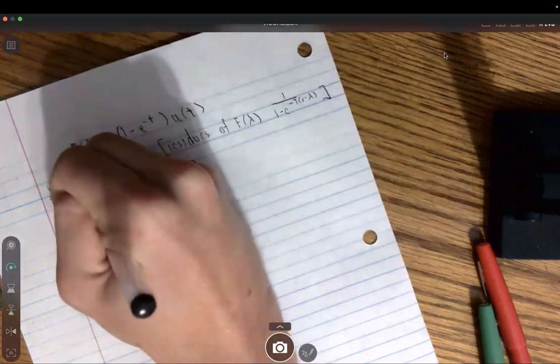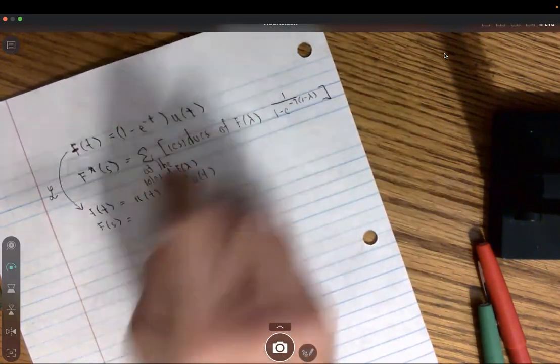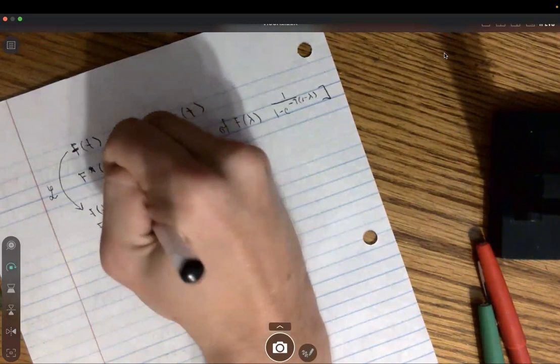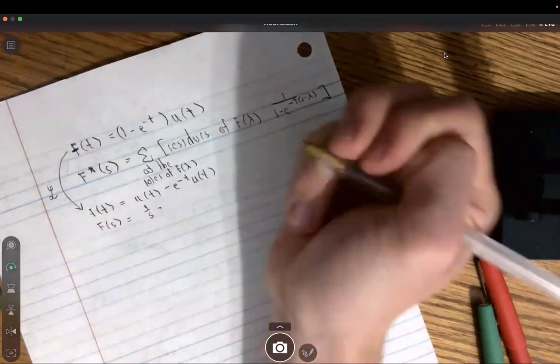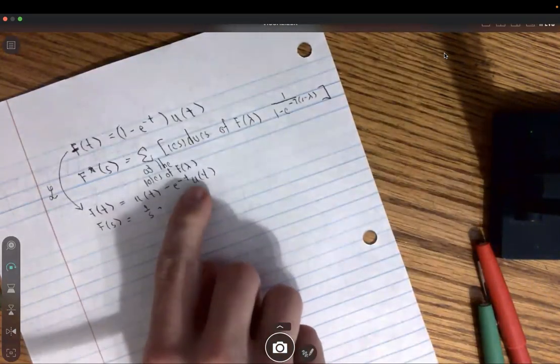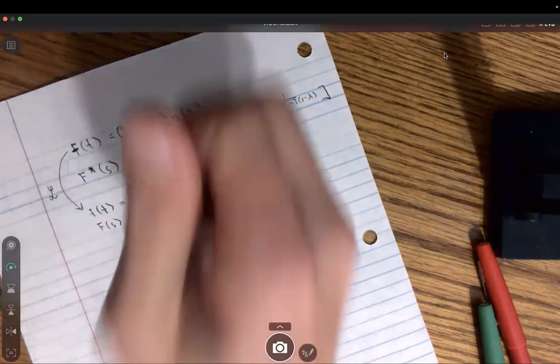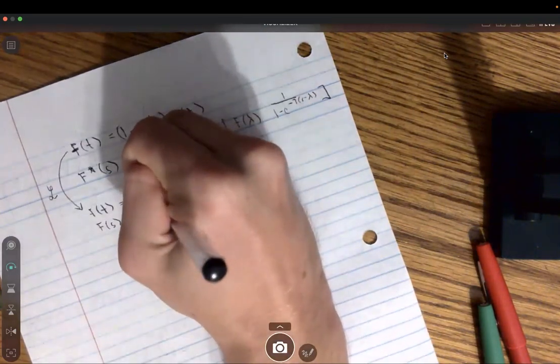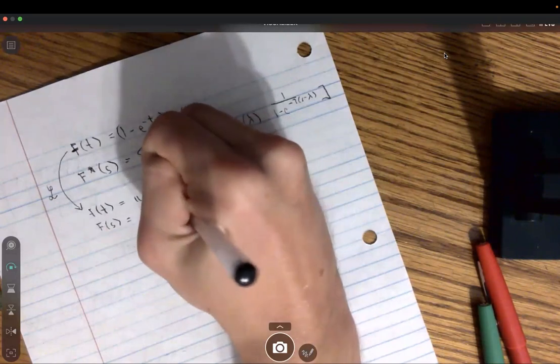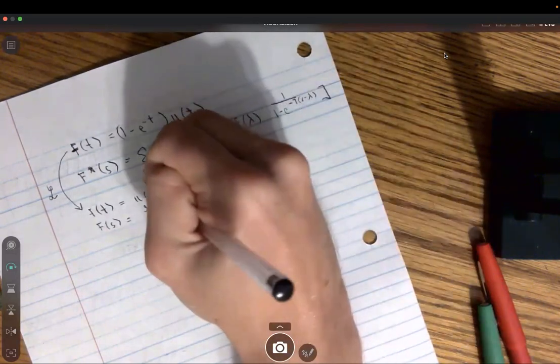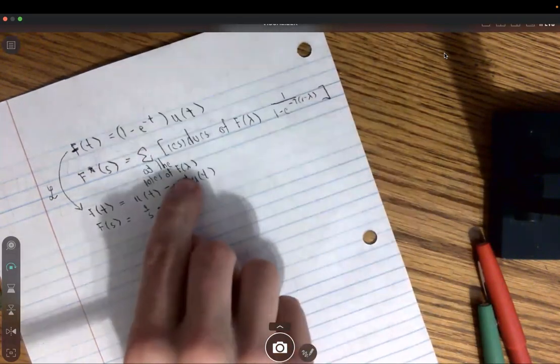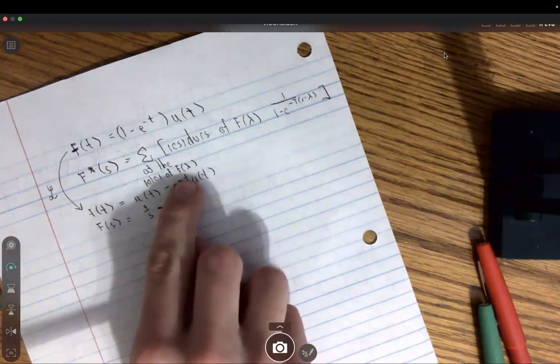Then if you apply the Laplace transform on that, f of s, remember, Laplace transform of u of t is 1 over s, minus. And then here, the Laplace transform of e to negative t u of t. So we have a minus sign in front because minus sign here. This is going to be 1 over, and then you have s plus, and then what's the coefficient right in front of this t?